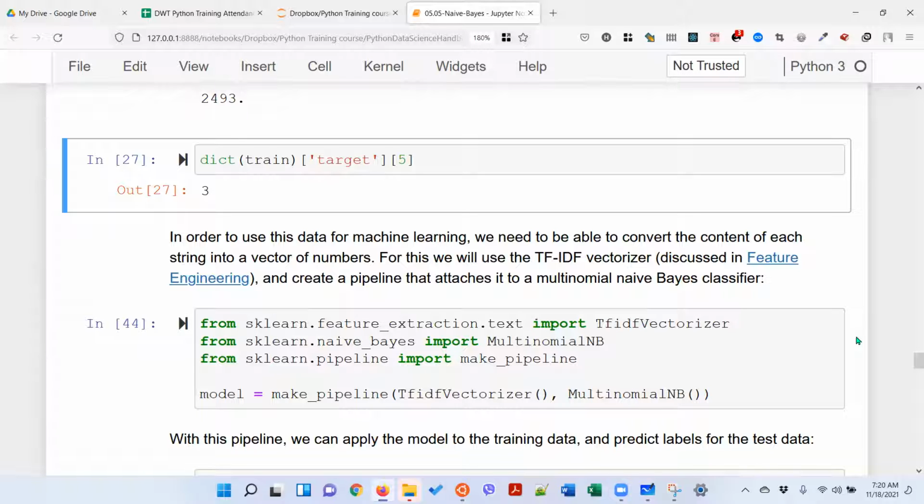Okay, now what do we do? We have the training and test data, both ready. In order to use this data for machine learning, we need to convert the content of each string into a vector of numbers. This is feature engineering.